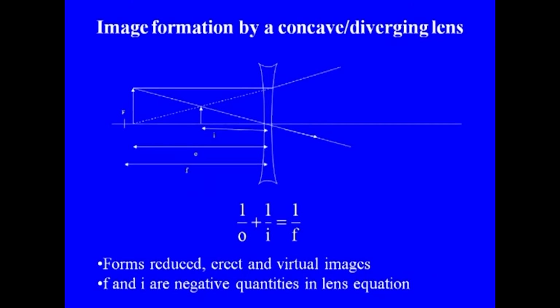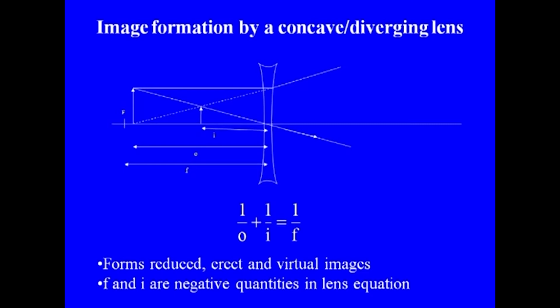Now, we will be discussing more of the converging lens, but let us see how the image formation takes place in a concave lens or diverging lens. As you can see here, like I said, the concave or diverging lenses are thicker at the edges and thinner at the center. Now, interestingly here the rays seem to be diverging rather than converging.